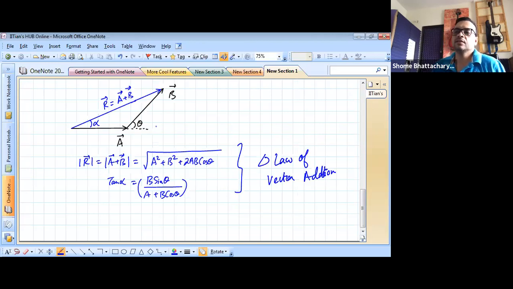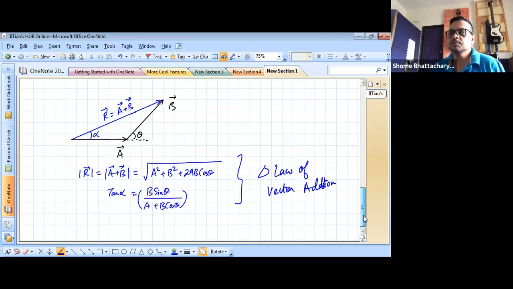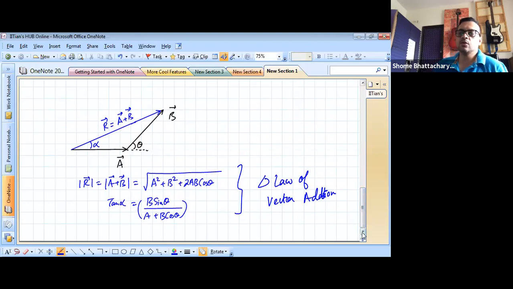And one more important thing that we saw is that this angle can also become obtuse. If it becomes obtuse, then we use the special trigonometric relations for sin theta and cos theta.